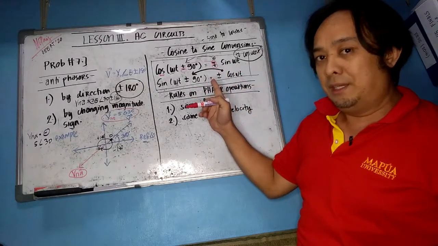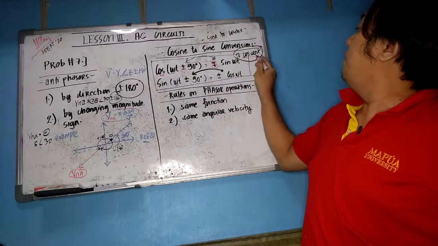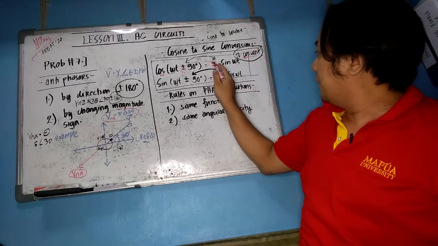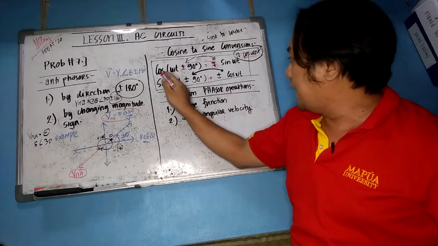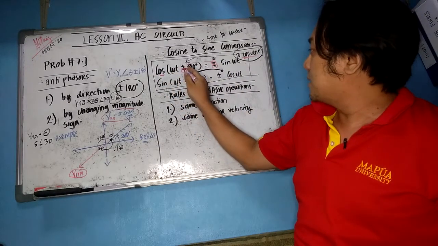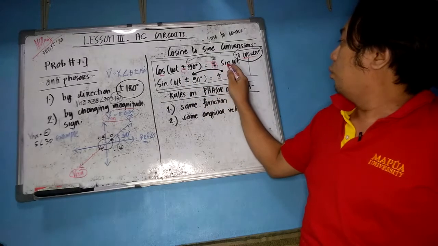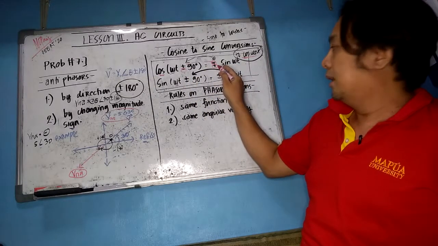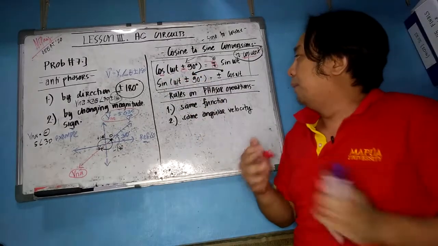That's why, in English, to convert negative sine to cosine, you need to add plus 90 degree. Or to convert positive sine to cosine, you need to have negative 90.